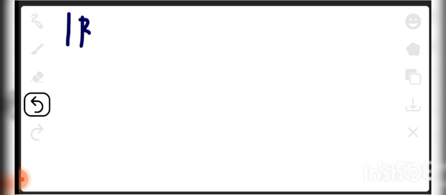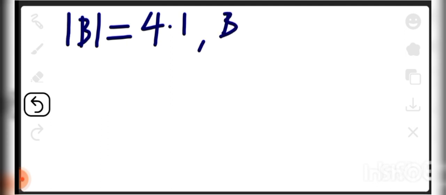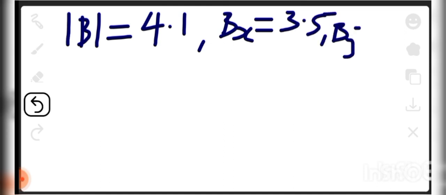All right, remember the magnitude of B is equal to 4.1. Bx is 3.5, By is 2.1.